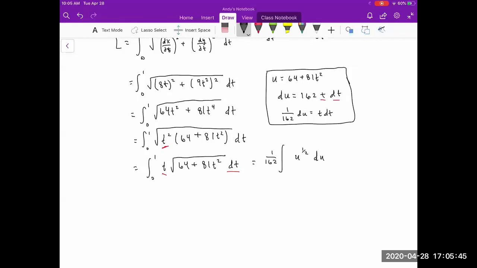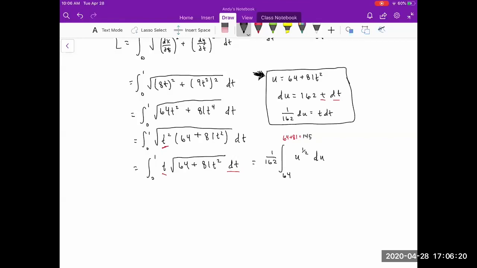When you plug in the limits for t, you'll see what u is equal to. When t is 0, we get 64 plus 0. When t is 1, we get 64 plus 81, which is 145.